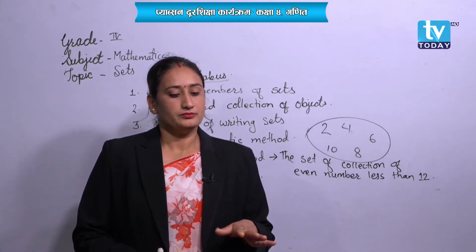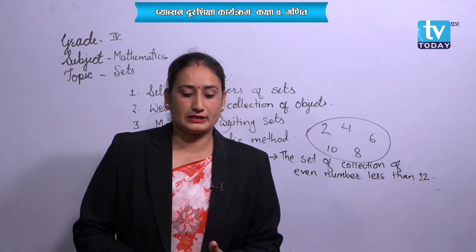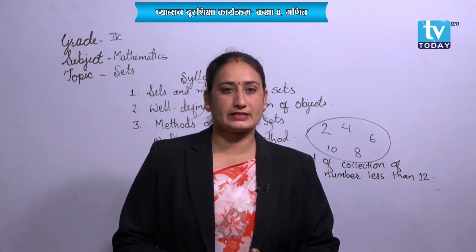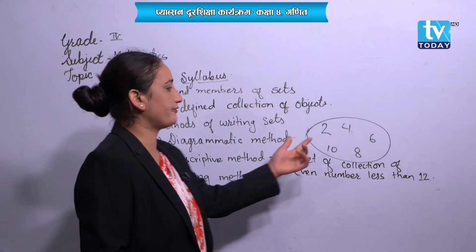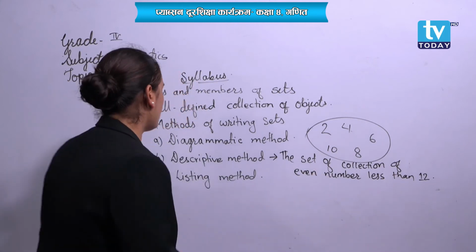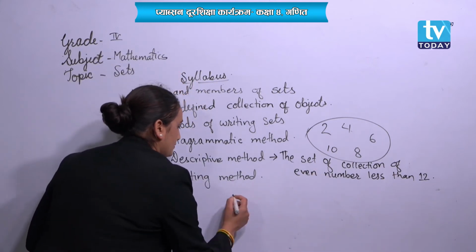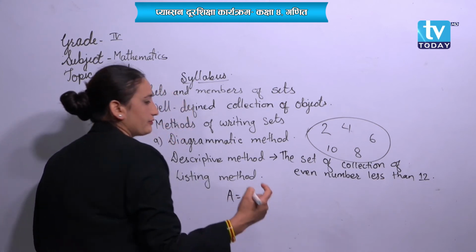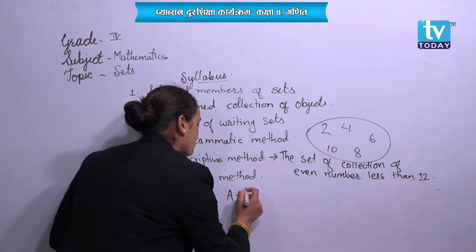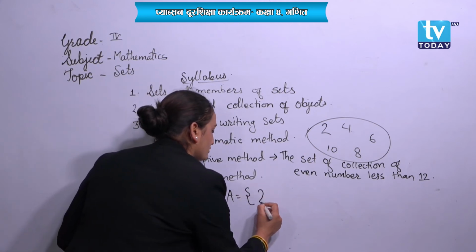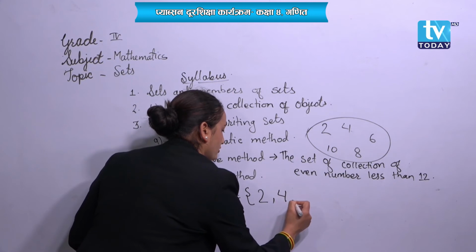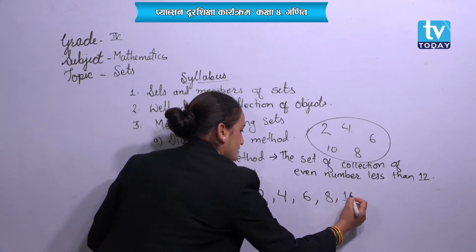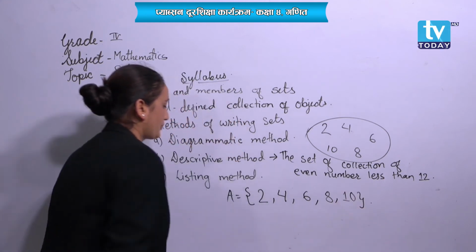We can name the set using a capital letter, for example, or if it is a number, we can write it as it is. So the listing method means we can write A equals to, I have given the name as A, curly bracket 2, comma 4, comma 6, comma 8, comma 10, curly bracket close.